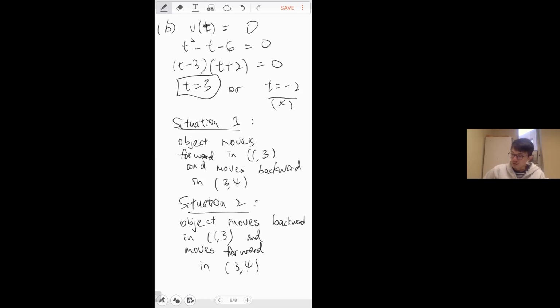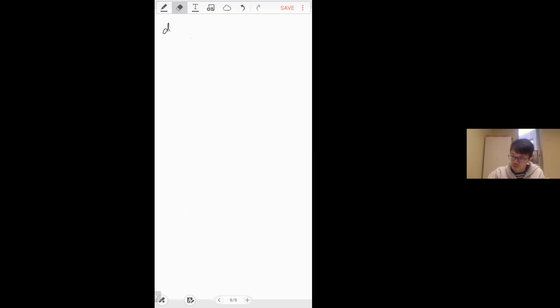Okay, so regardless of what situation we are in, the distance traveled can be computed as follows. You split your integral into two parts.